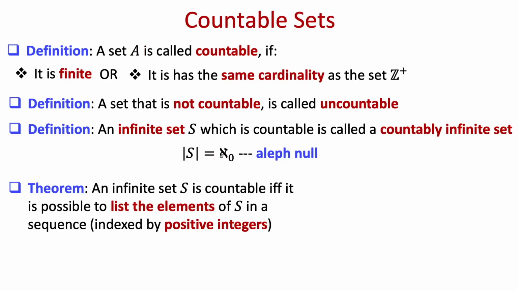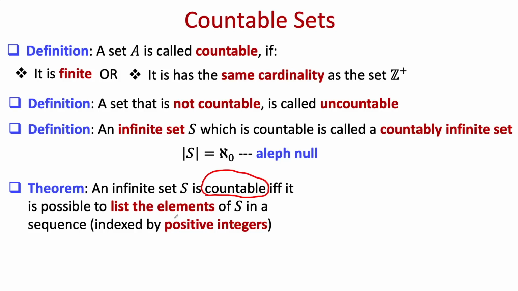Now we can quickly prove this theorem, which will be very useful later on. If you are given an infinite set S, then it is countable if and only if it is possible to list the elements of the set S in a sequence indexed by positive integers. What it basically says is that even if you have an infinite number of elements in the set S, it is countable in the sense that I can give you a well-defined method according to which you can list down the elements of S, and no element of S will be missing.